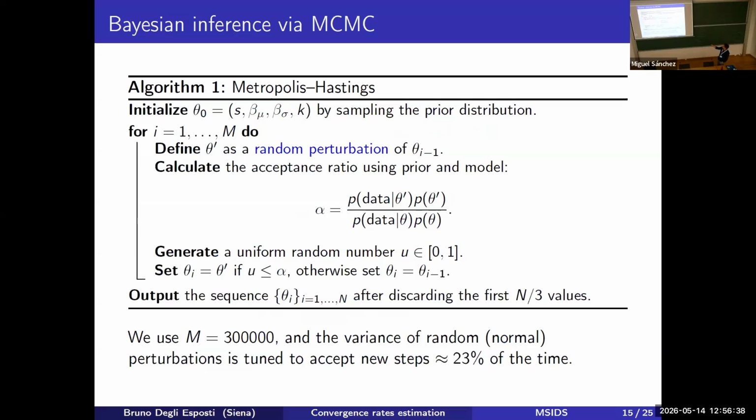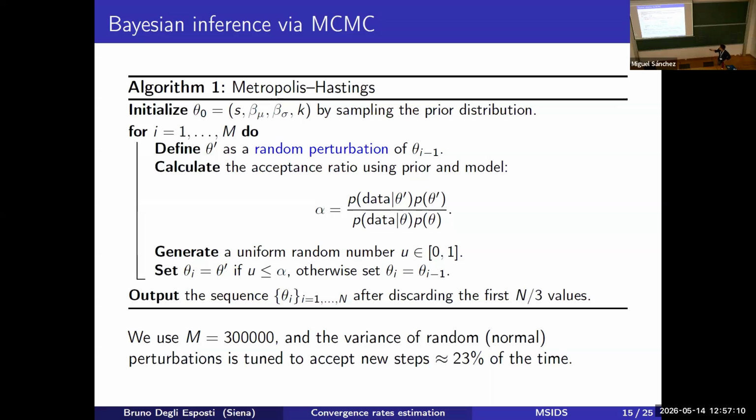So we initialize theta 0 by sampling the prior distribution randomly, and then we define a sequence of theta i's, which will be samples from the posterior distribution by defining at each iteration a theta prime. That's like a random perturbation of the previous vector of parameters theta.